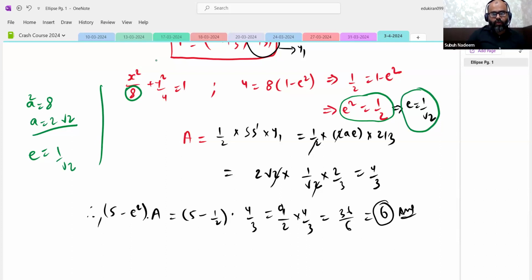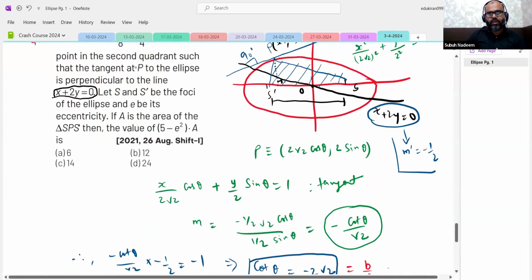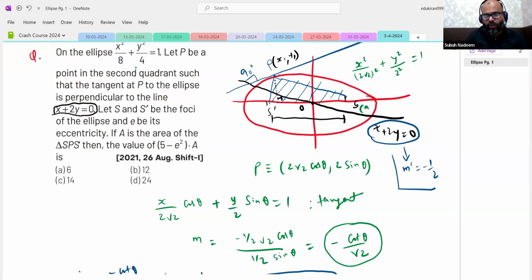So 2 root 2 into 1 by root 2 into 2 by 3. This is how we get 2AE. And why are we taking 2AE? Because this S is AE comma 0 and this S dash is minus AE comma 0. Focus of an ellipse is AE comma 0 and minus AE comma 0. So the distance is 2AE.